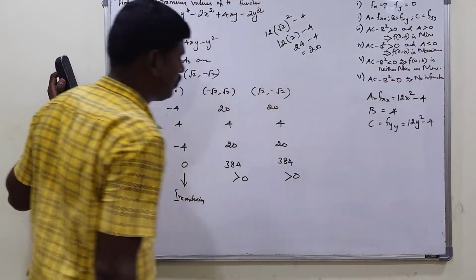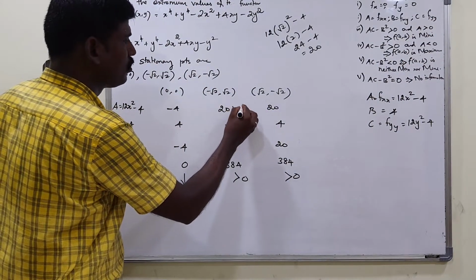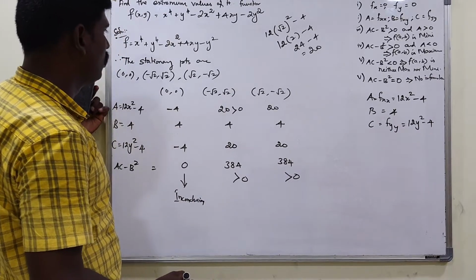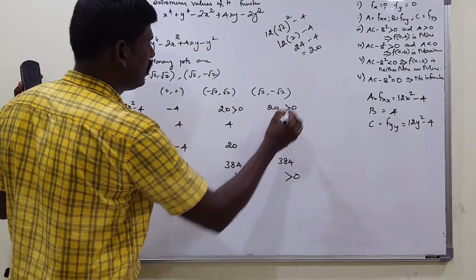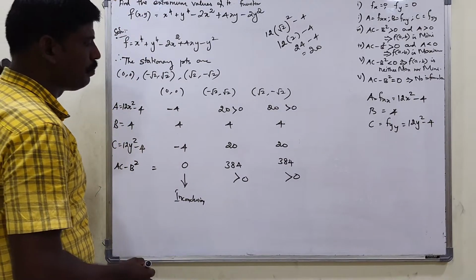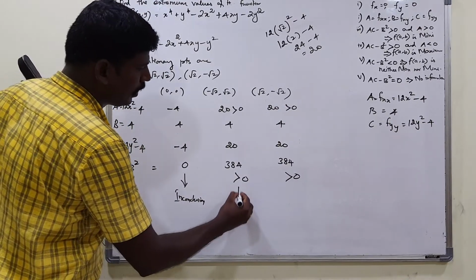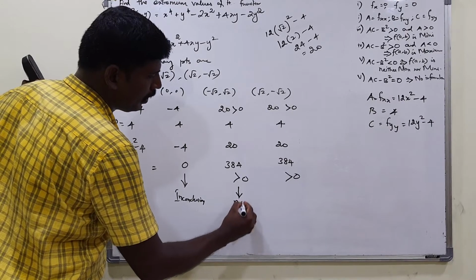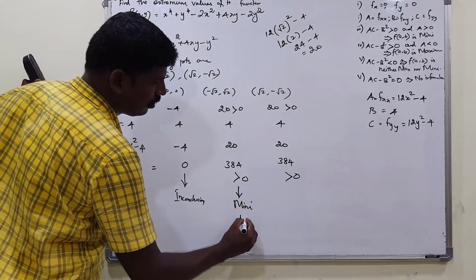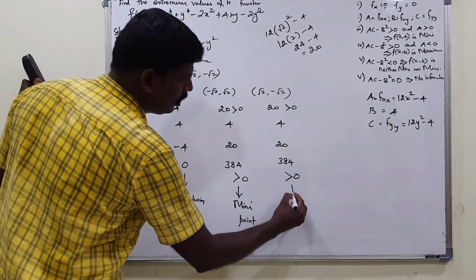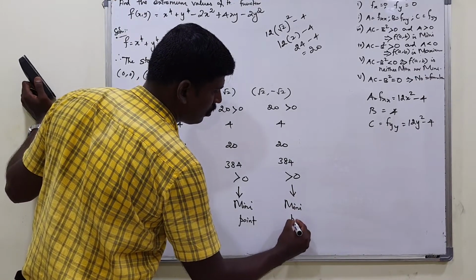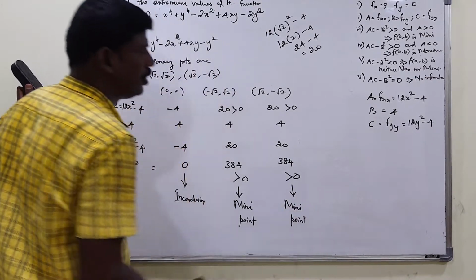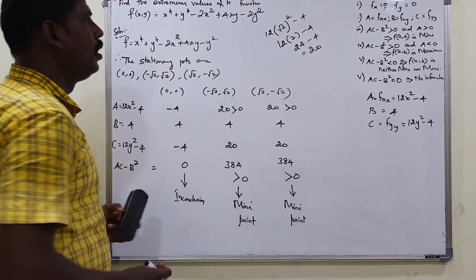If A is negative, it is maximum. Right? Look at here. A is also positive. Isn't it? In both of the two cases, A is positive. So this point is a minimum point. Right? This is also another minimum point. Isn't it? Right? That's all. These two are minimum points.